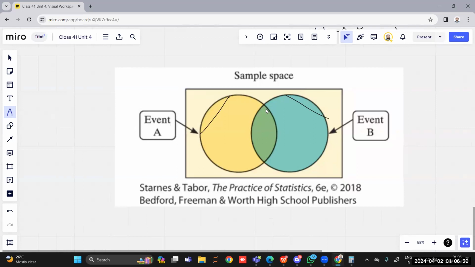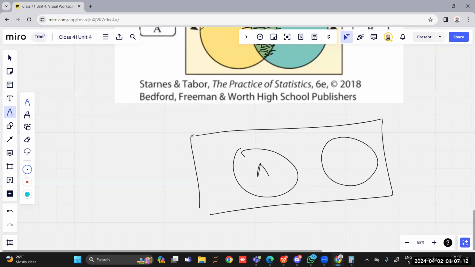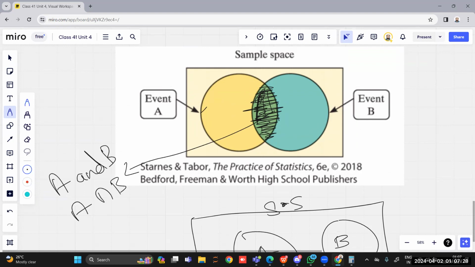And you know this common point. I'll mark the major points here. See, this region, this intersection. There may be this region or there may not be. If there is no common point, the diagram looks like this. This is A, this is B, and this is S, the sample space. Here in general he is giving a general diagram, meaning there is some common point. So this region is known as A and B, or A intersection B. This sign is for intersection, meaning the common part for both.